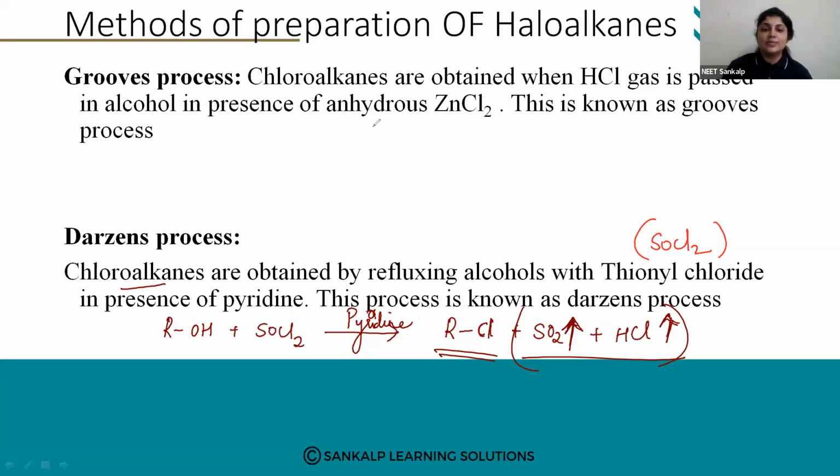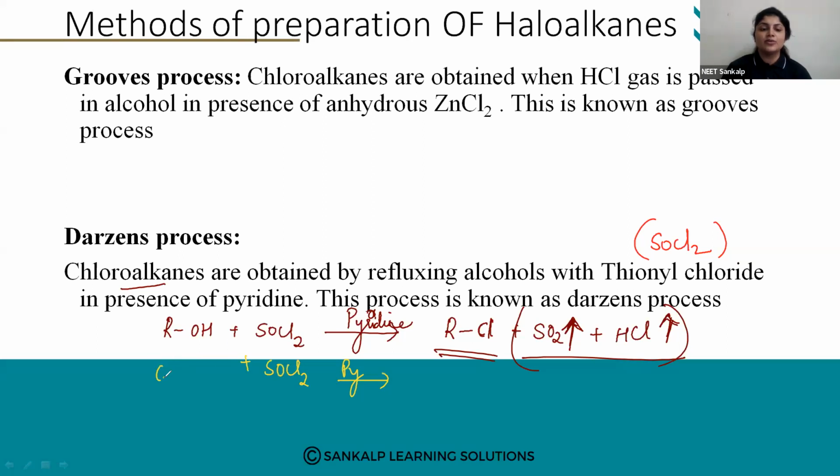So I'll give an example now. I'll take the same ethyl alcohol. C2H5OH plus SOCl2 in the presence of pyridine. What will be the product?